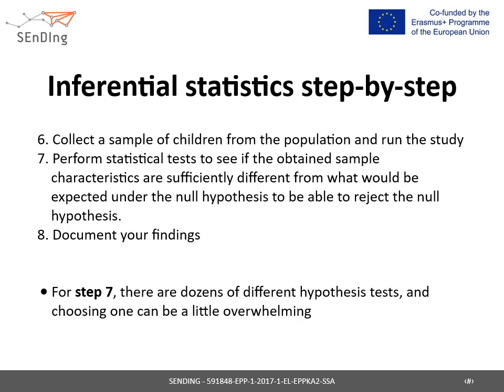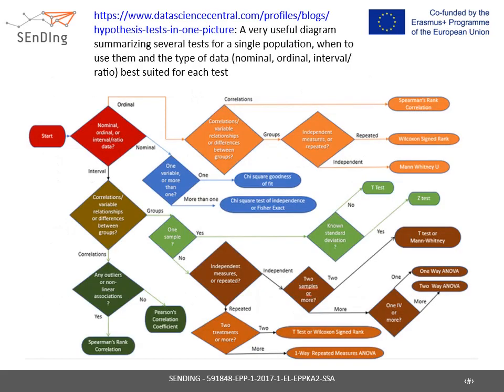For dealing with step 7, there are dozens of different hypothesis tests, and choosing one can be a little overwhelming. The good news is that one of the more popular tests will usually do the trick. In this link you can see a very useful diagram summarizing several tests for a single population, when to use them and the type of data best suited for each test, either nominal, ordinal, or interval/ratio.